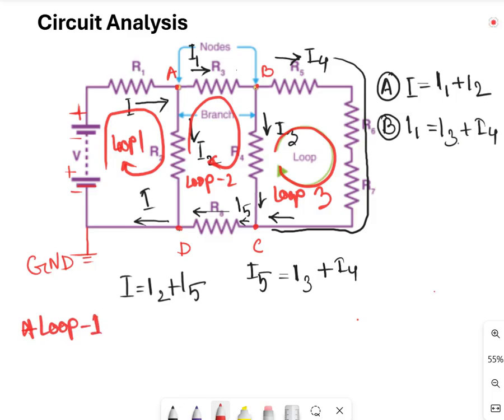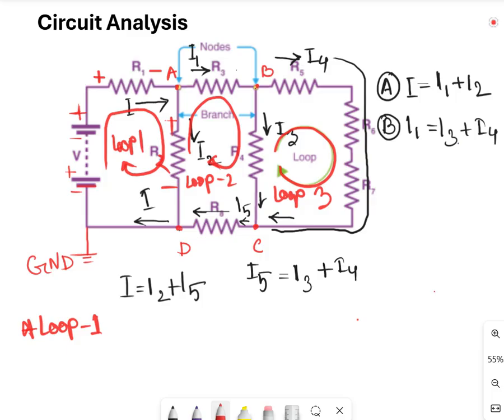So loop 1. Here, one thing is very important. Let's consider that when current enters it is positive, and when it exits, we have to consider it negative, right? Similarly, for resistor R2, here will be positive and here will be negative.